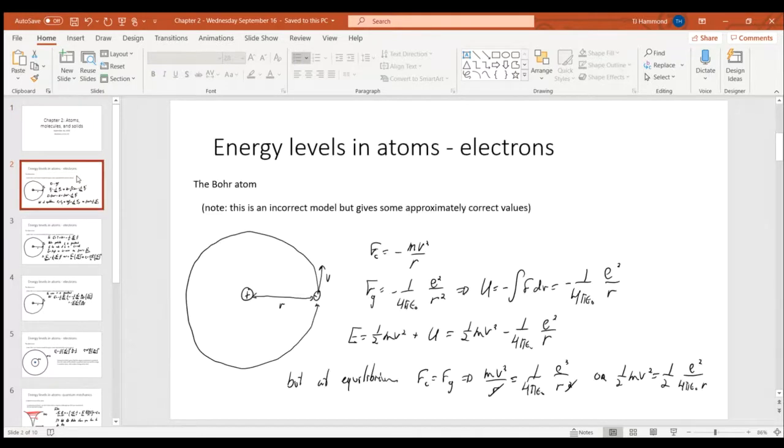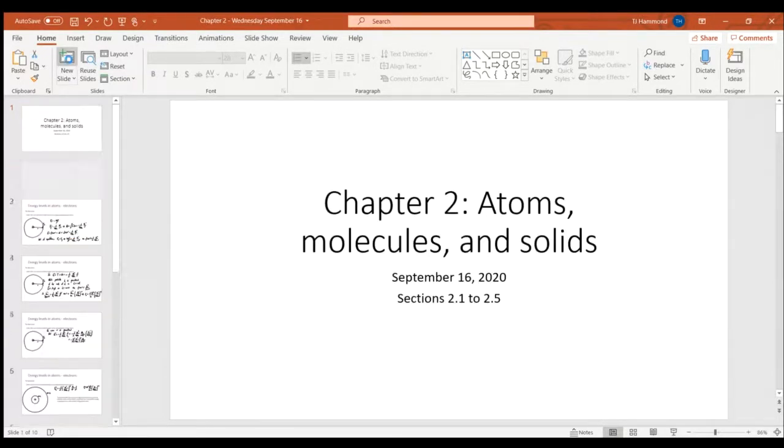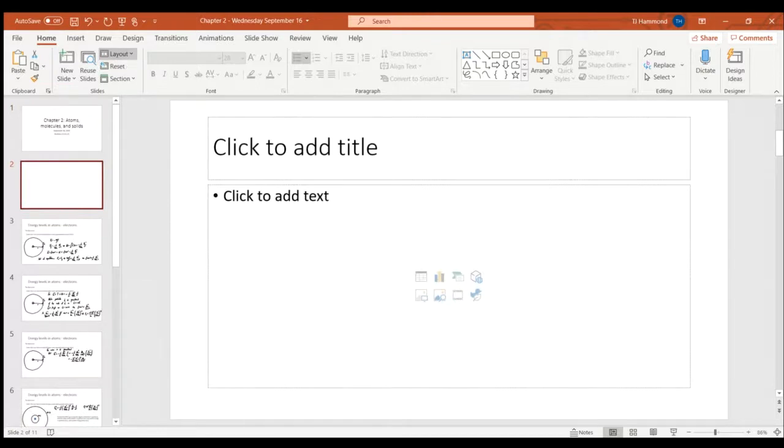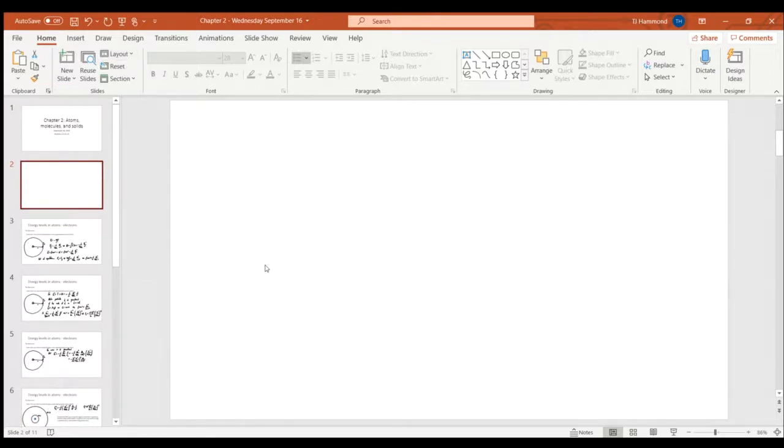So, if you remember from Monday, the daily assignment was for you to discuss that you had some two-level system where you had a lower level 1 and an upper level 2, and you'd have some atom sitting in this system.